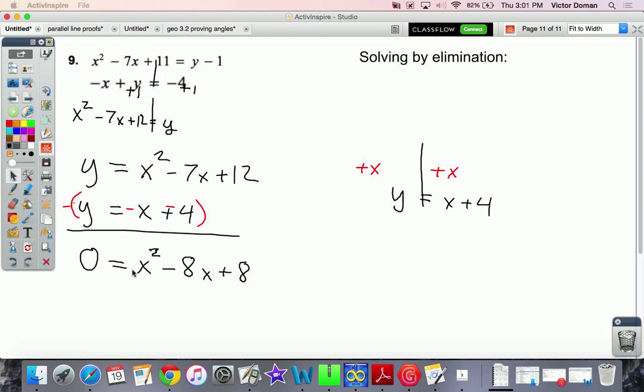Because this is even and this is 1, I'm going to use completing the square as my method. So because the c coefficient's not a perfect square, I'm going to move it over to both sides. Sorry, subtracting from both sides.